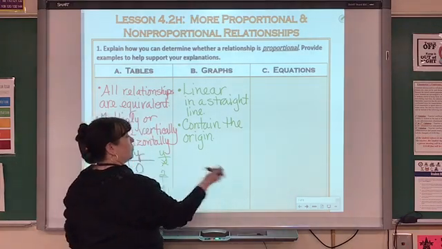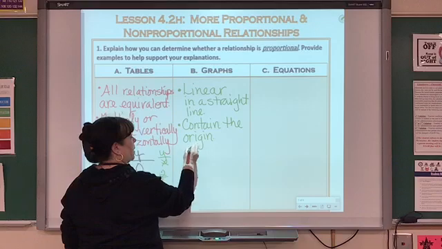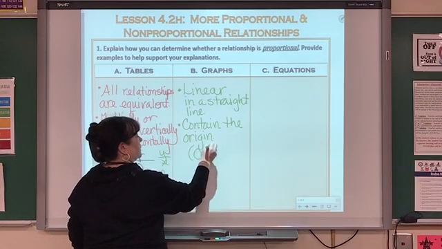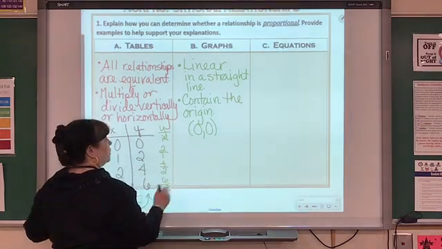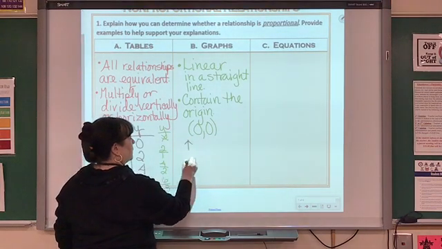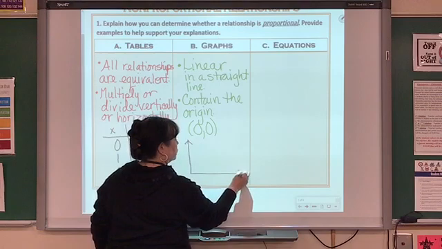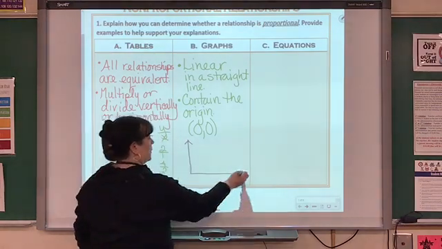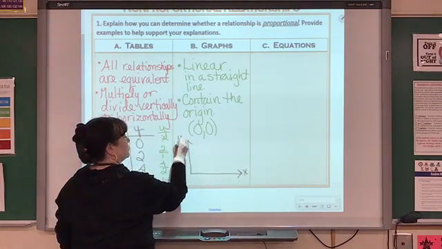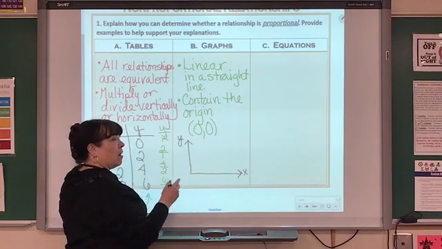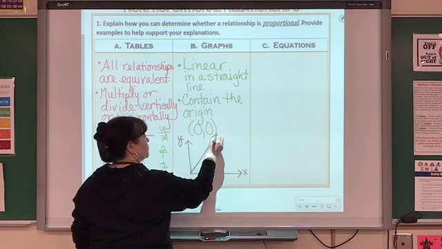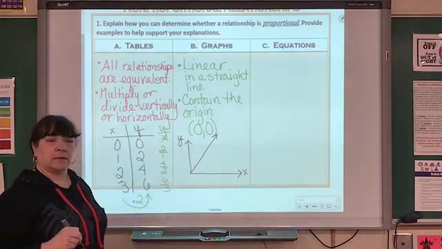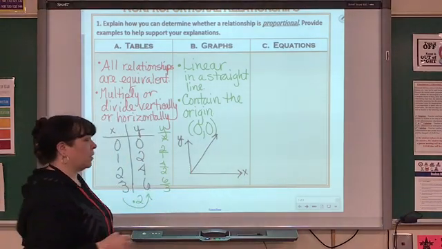So, remember the origin is at the ordered pair 0, 0. So an example would be for instance, if we have a graph that is just in the first quadrant, this is our x values, these are our y values, our graph could start at 0 and go in a straight line anywhere from there.